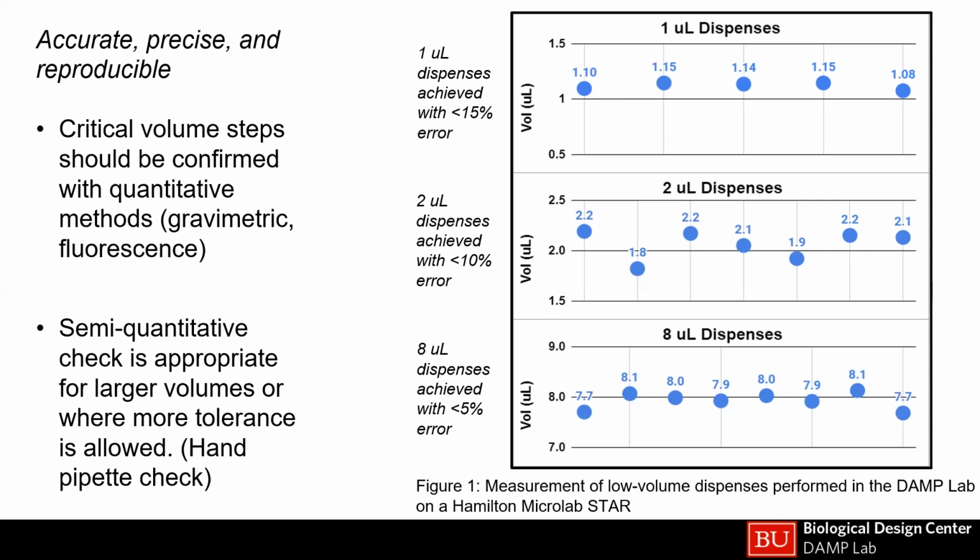So critical volume steps should be confirmed with quantitative methods, gravimetrically or with fluorescence. And if you're not too concerned with the exact volume, we usually do a semi-quantitative approach. Just check it with a pipette, and that's usually pretty good, but it's not as robust because you're just using your eye and saying, yeah, that looks like the right amount.